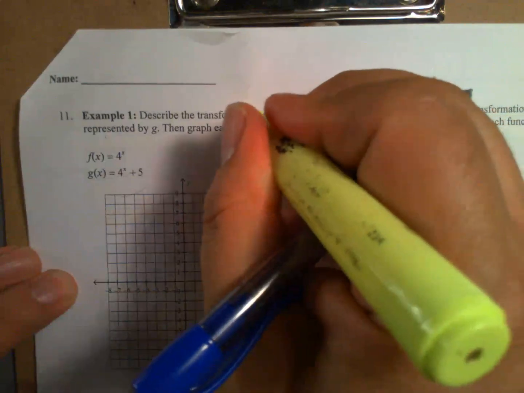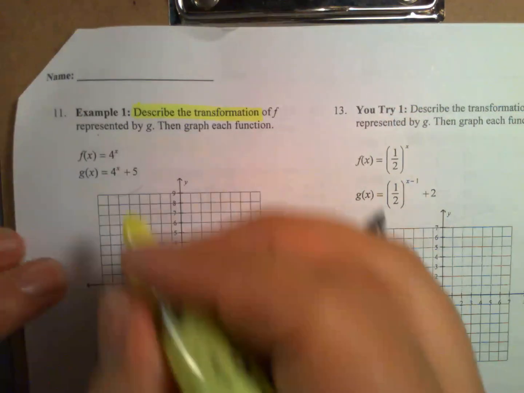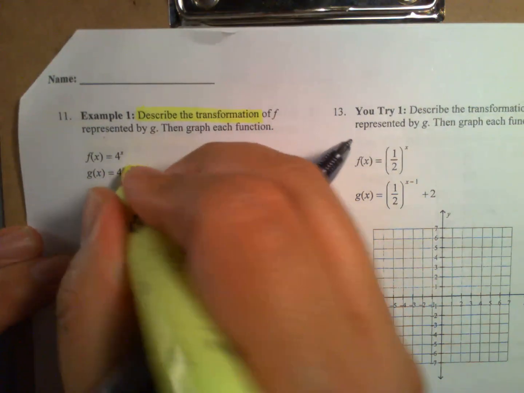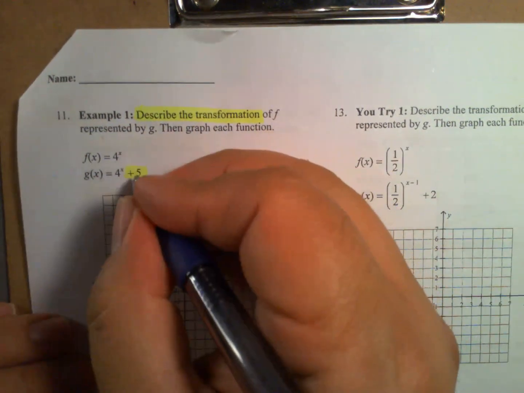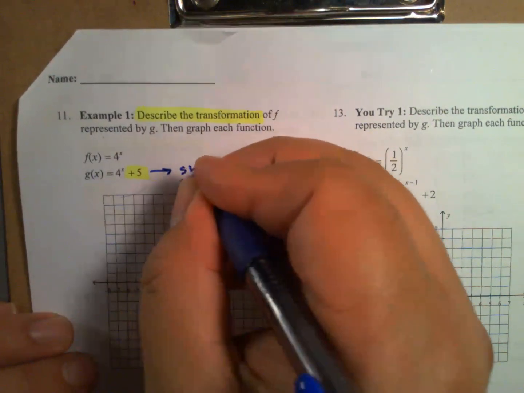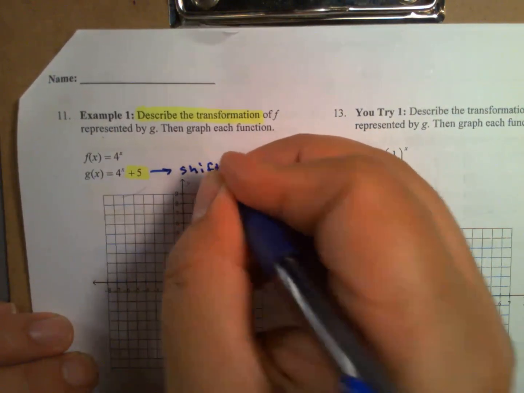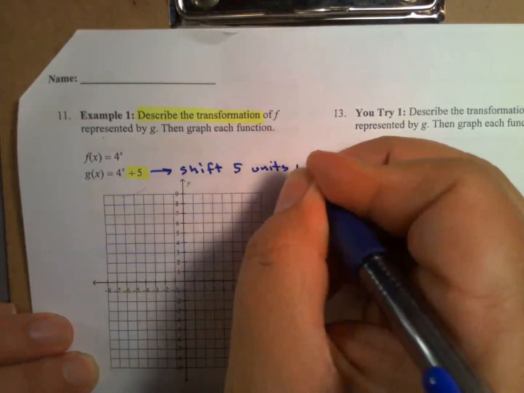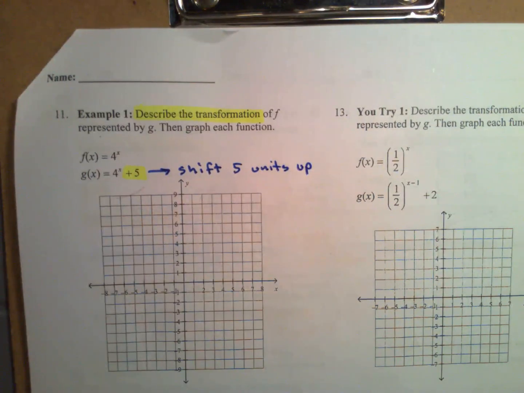So here's the only thing I want you to work on with these. It says 4 to the x, and then it says 4 to the x plus 5. The plus 5 is not in the power, which means this is a shift of 5 units up because it's not in the power.